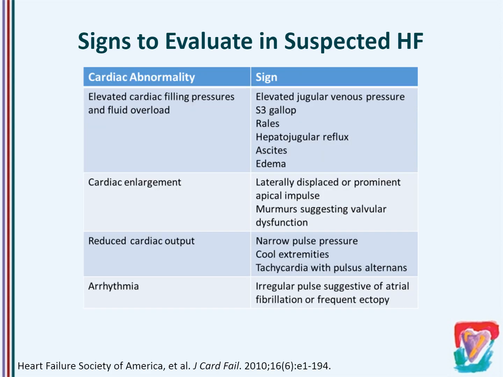When we start discussing looking at heart failure in patients, there are definite things that should lead you to believe that potentially a patient has heart failure. The cardiac abnormalities that you look at, so patients with heart failure would have elevated filling pressures. They have signs of fluid overload. On physical exam, you would see this as jugular vein distension.